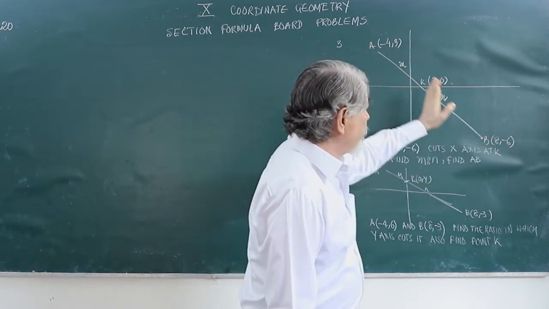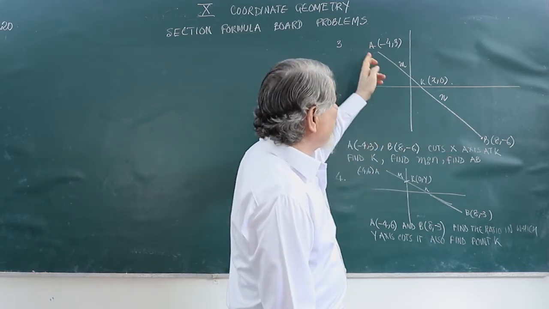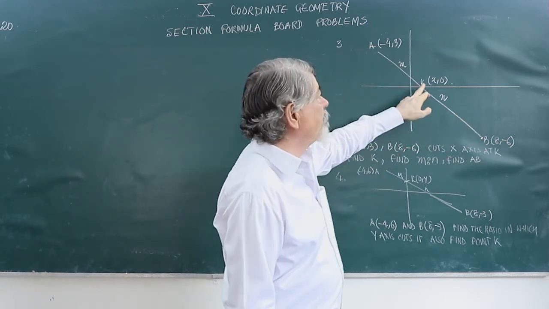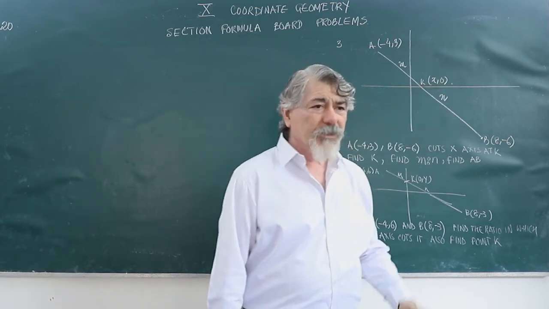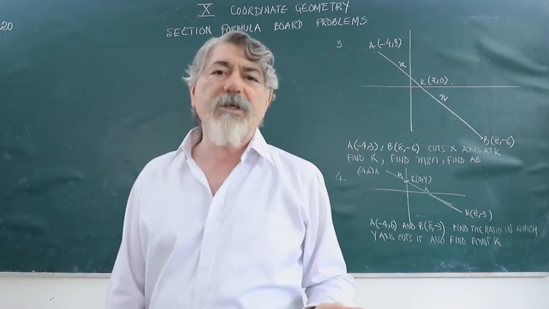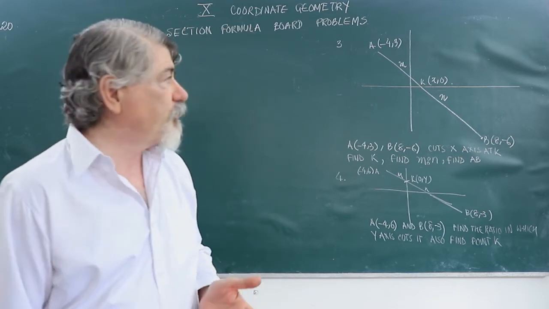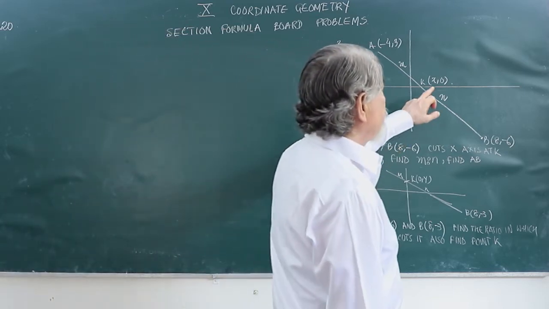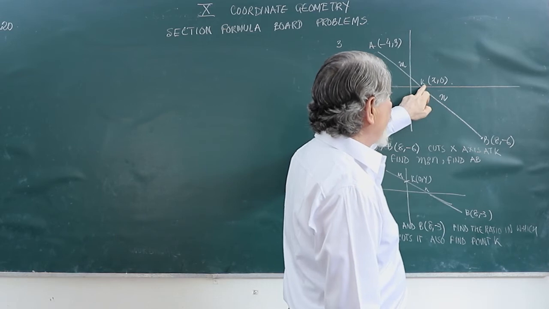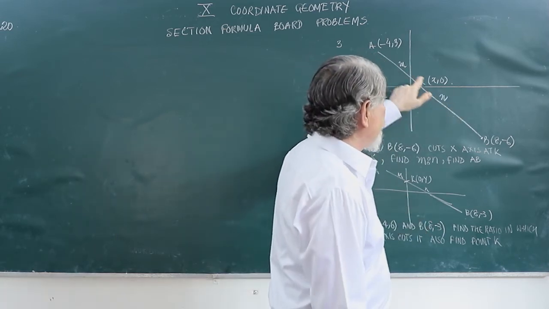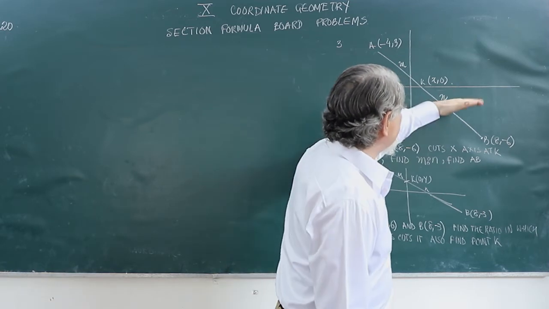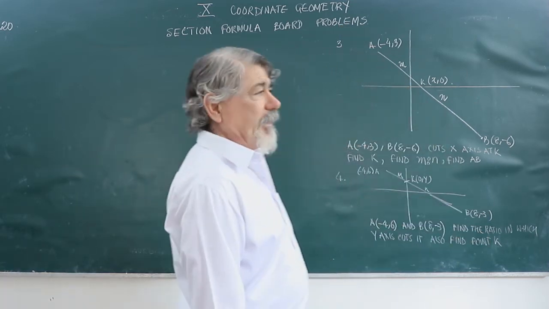If we join them, he says this line cuts the x-axis at point K. Because it is cutting the x-axis, the y coordinate will be 0. First of all, find the coordinates of K and also find the ratio in which the x-axis divides the join of A and B.